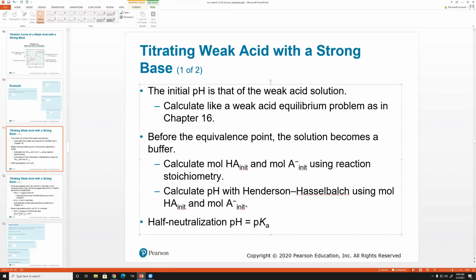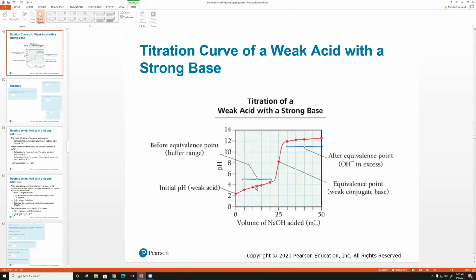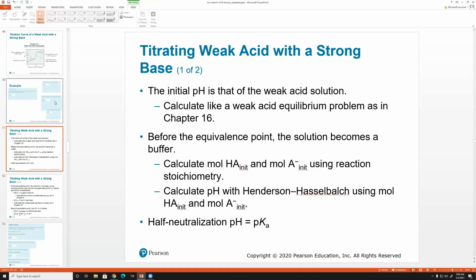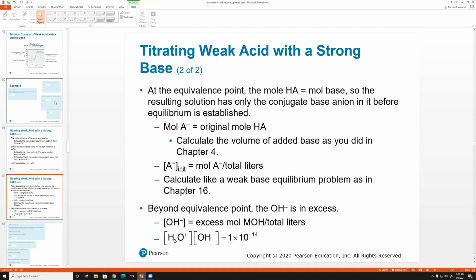When it's equal to 1, that means the weak acid is half dissociated. So around here, it's going to be half dissociated. Full dissociation is right here. Half dissociated is right here. That's where the concentrations in the solution of the weak acid and the conjugate base will be equal. So that's where pKa equals pH, at the halfway point.